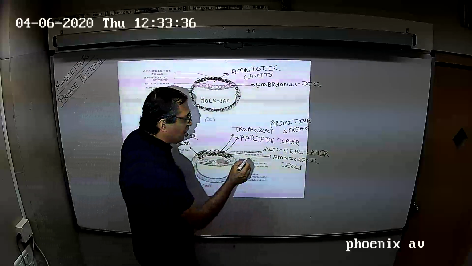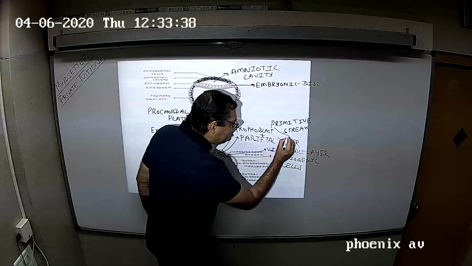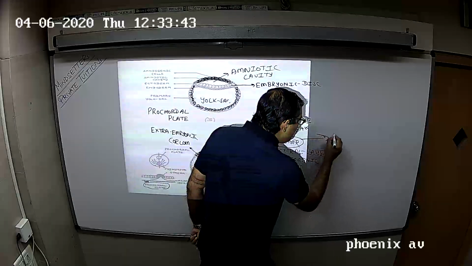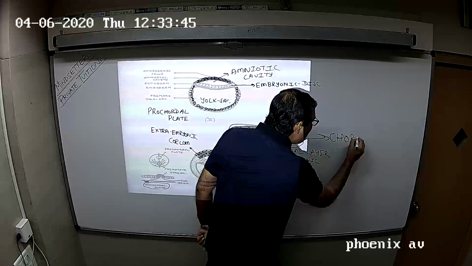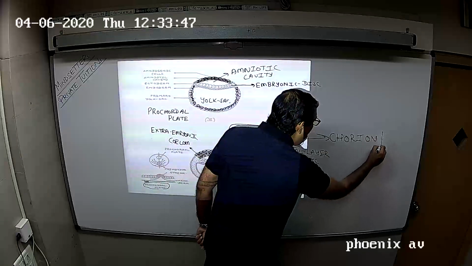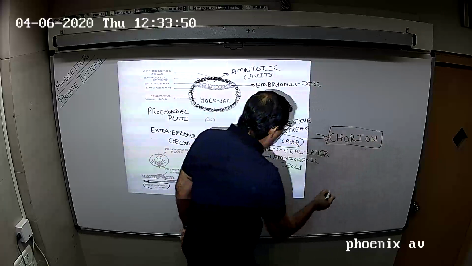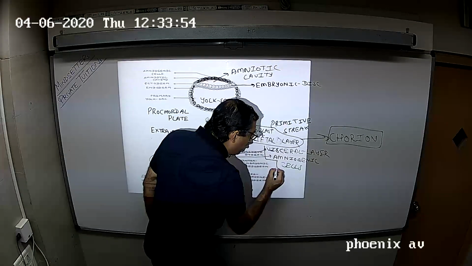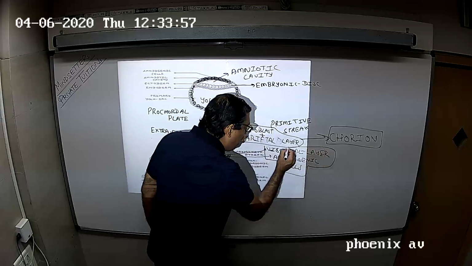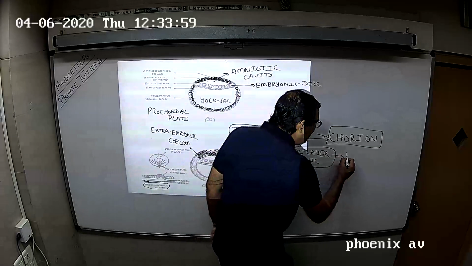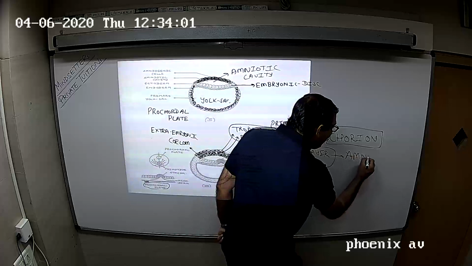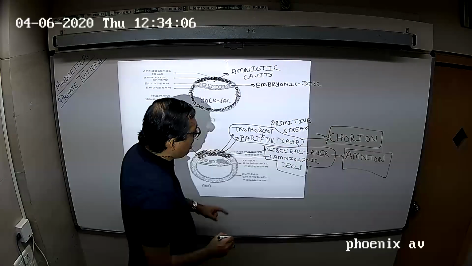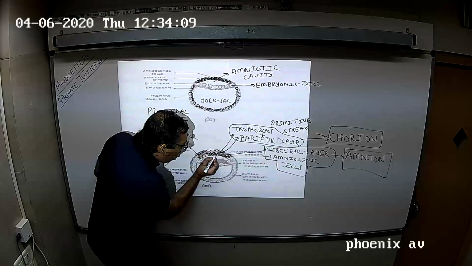In the future, the trophoblast and the parietal layer form the membrane called the chorion, and the visceral layer and the amniogenic cells form in the future the layer called the amnion, and the amnion and chorion are now formed.